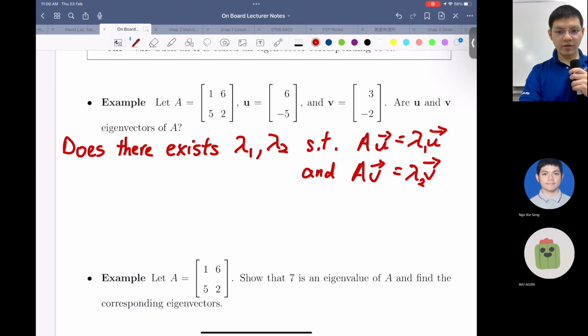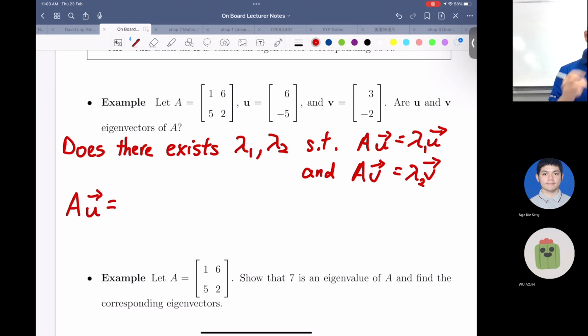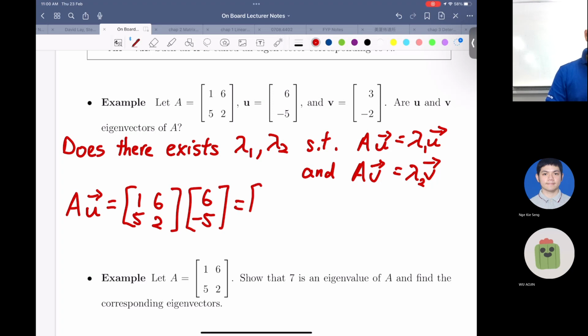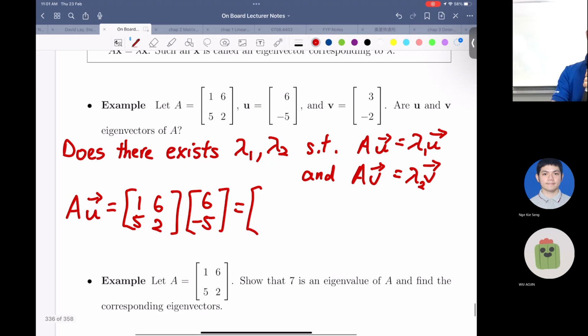One way you can do it is to multiply out the left-hand side and see what you get. AU is 1, 5, 6, 2 times U, which is 6, minus 5. What do you get from the matrix multiplication? 6 minus 30, so you get minus 24.